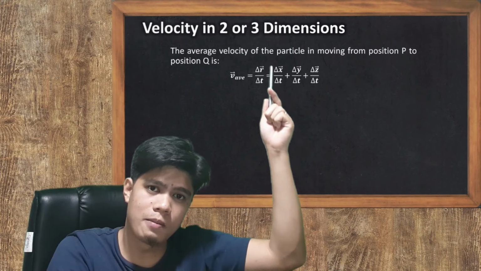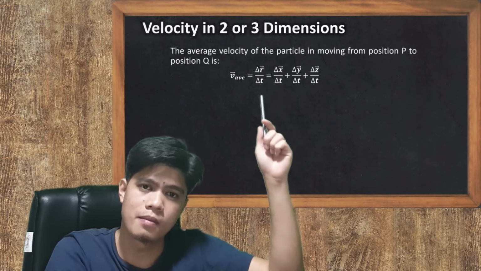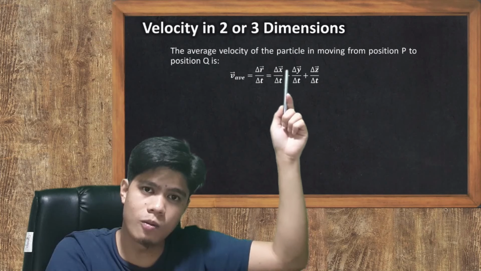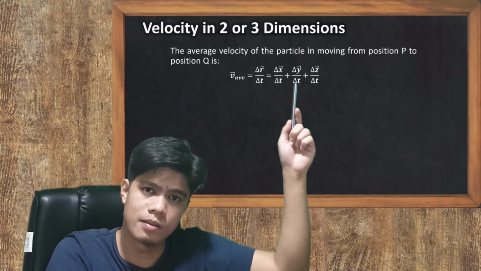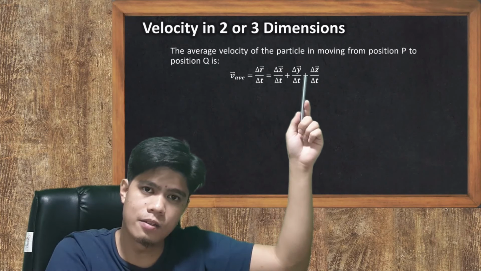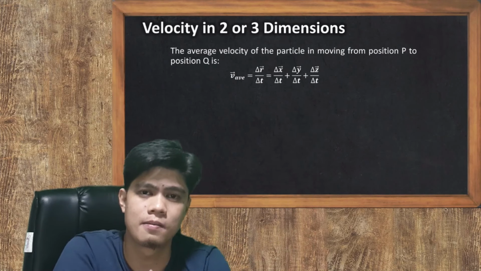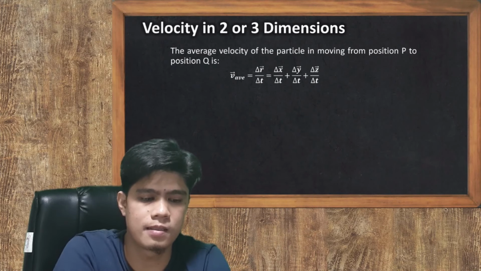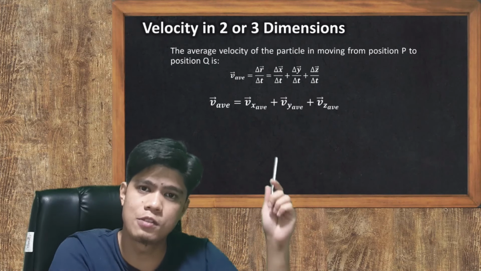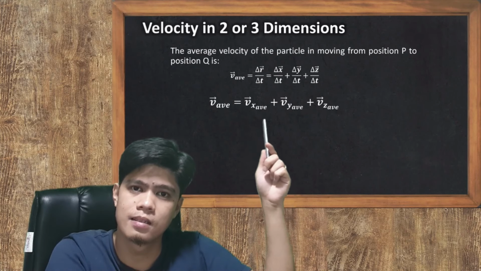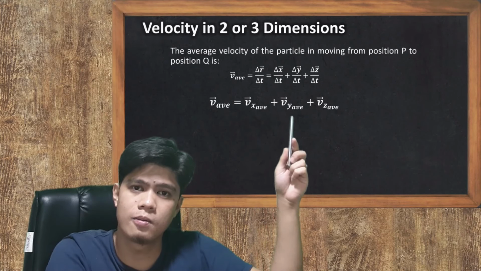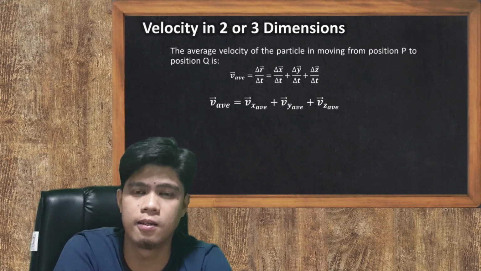So this is 1 dimension rectilinear motion. In 2 dimensions, we add delta y over delta t, plus delta z over delta t for 3 dimensions. So it's just the average velocity along x plus the average velocity along y plus the average velocity along z.